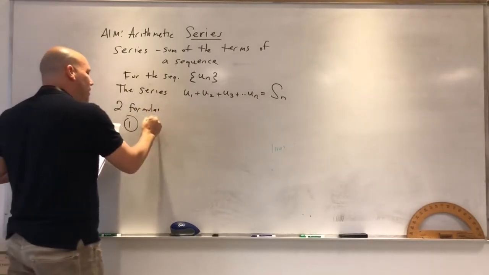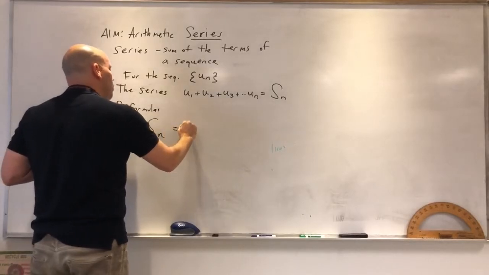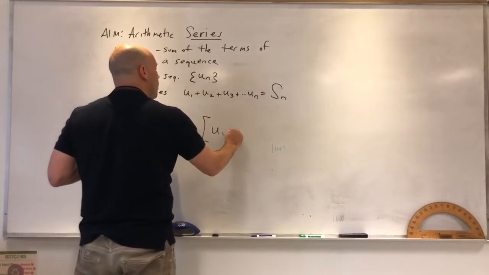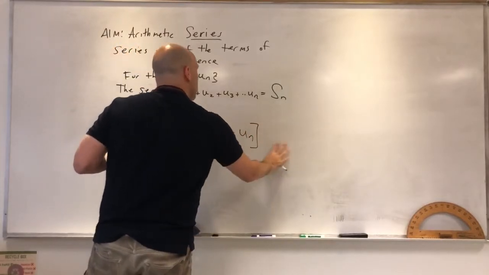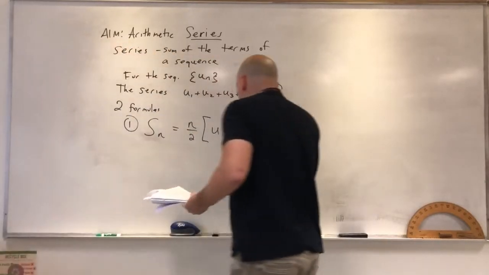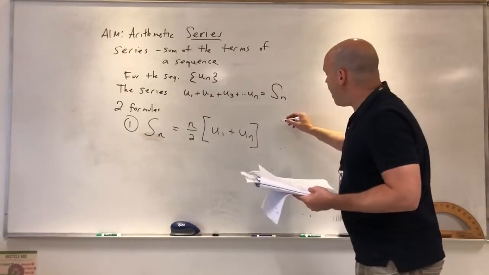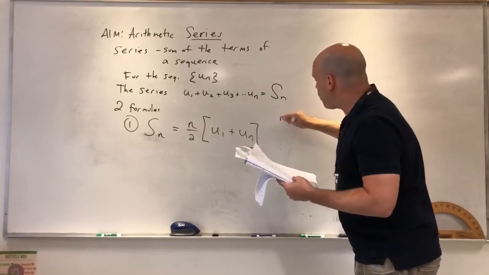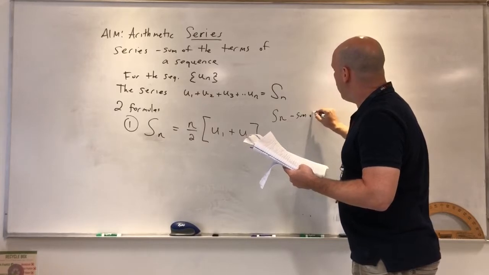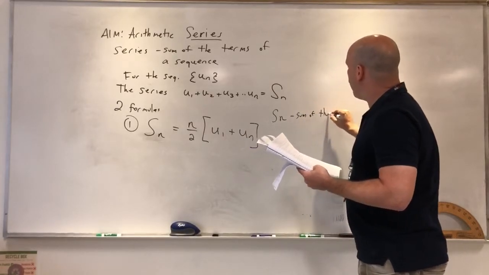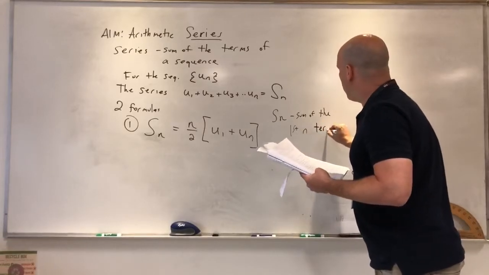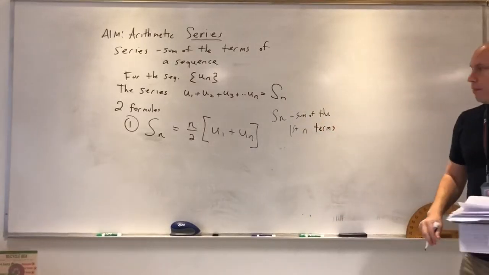The first one is S of n is equal to n over 2, open parentheses, u of 1 plus u of n. And this should be familiar. Let's take a look at the variables here. S of n is the sum of the first n terms.